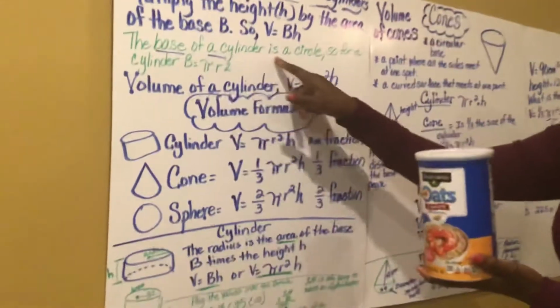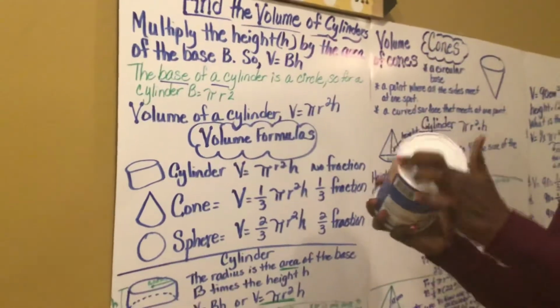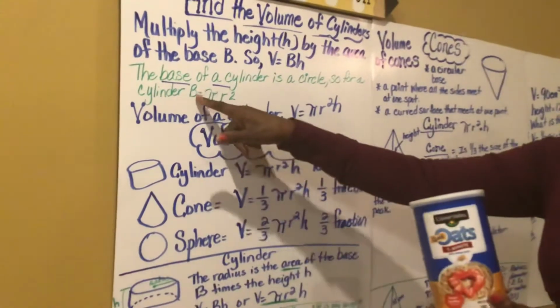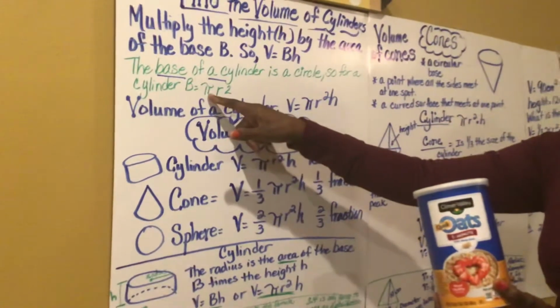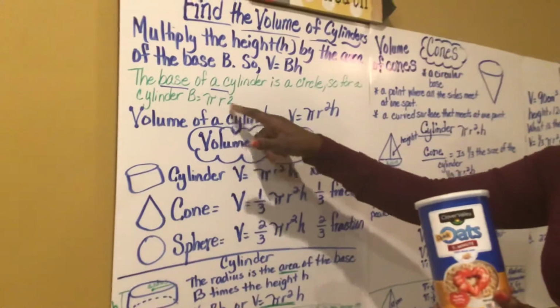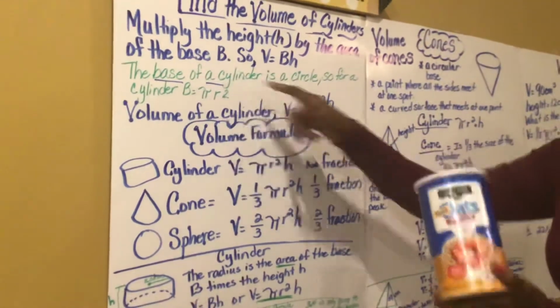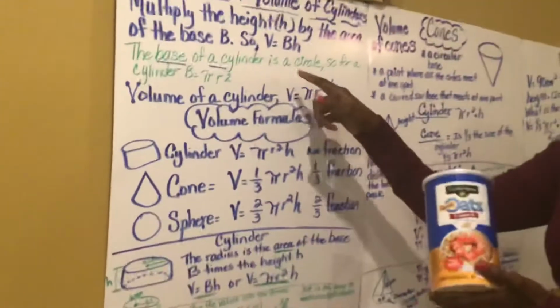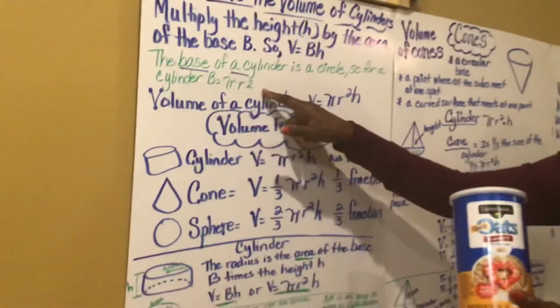The base of a cylinder is a circle. Here's your circle. So for a cylinder, the base is pi, which is 3.14, r squared. The base of a cylinder, just the base, would be pi r squared.